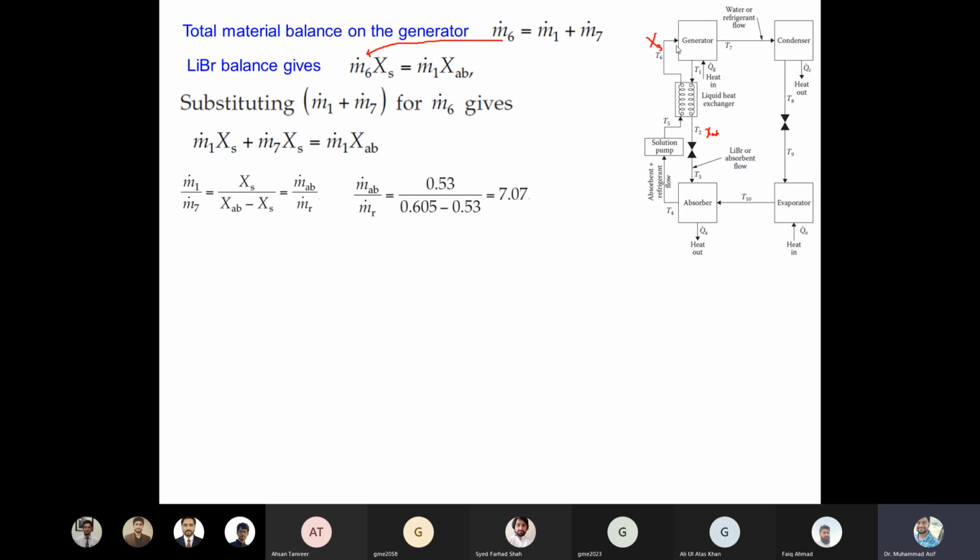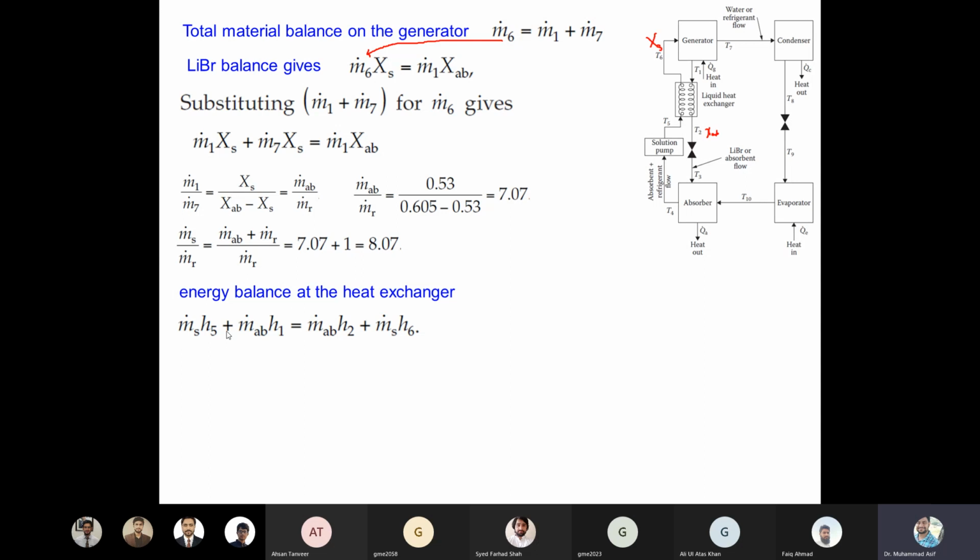Now we can apply the energy balance for the generator. You know what energy is coming in and what is coming out. So if we put that value, now we can get the value of H6. By simplification, H6 is equal to H5 plus this ratio. In the previous slide we calculated H5 and this ratio of the absorber to the mass of the concentrated solution, right?